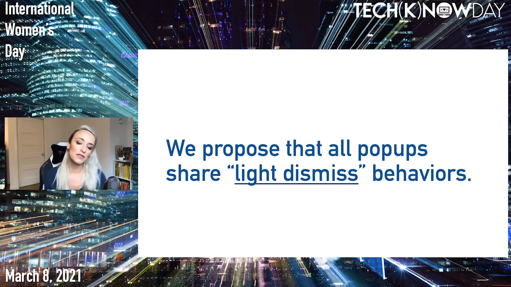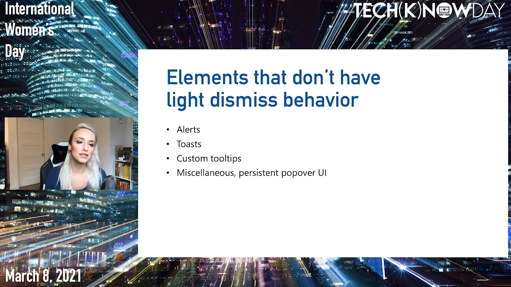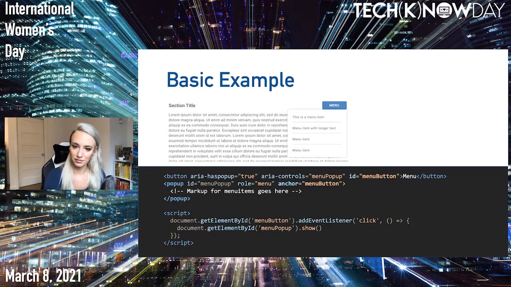A generalized definition of light dismiss is currently being discussed in the OpenUI standards group, which I will touch on shortly. Some examples of elements that don't have light dismiss behavior are alerts, toasts, custom tooltips, and miscellaneous persistent popover UI. Let's take a look at a basic example for the pop-up element.